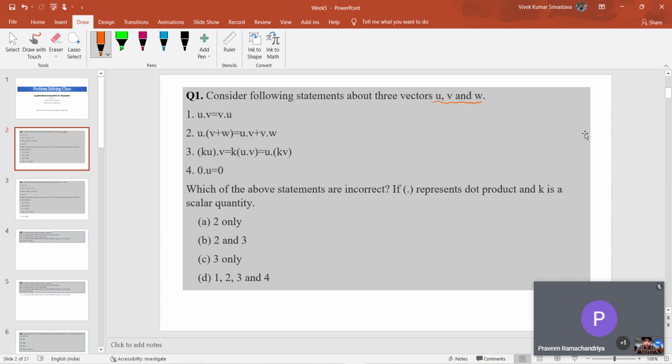The first statement is u dot v equals v dot u. As you all know, the dot product resembles the commutative as well as the distributive property.